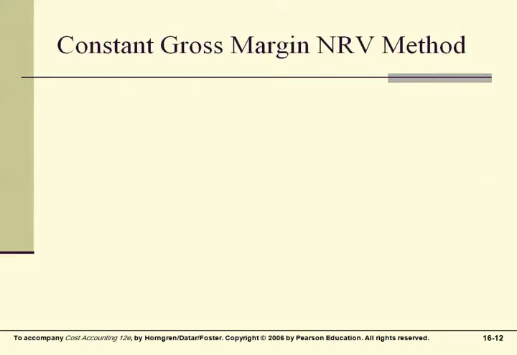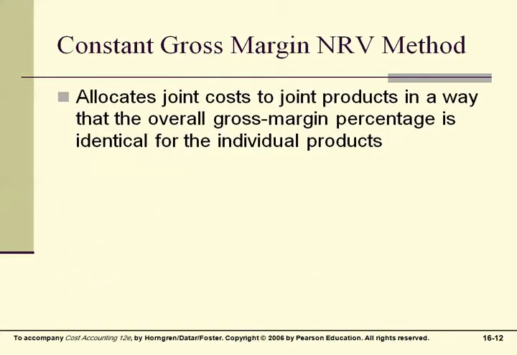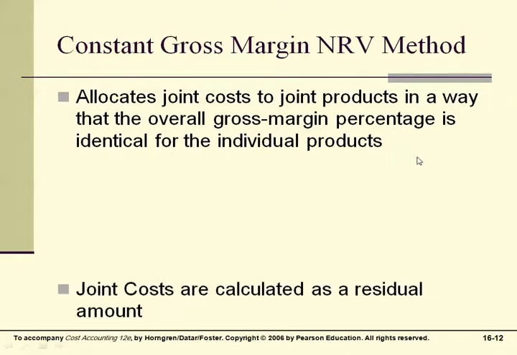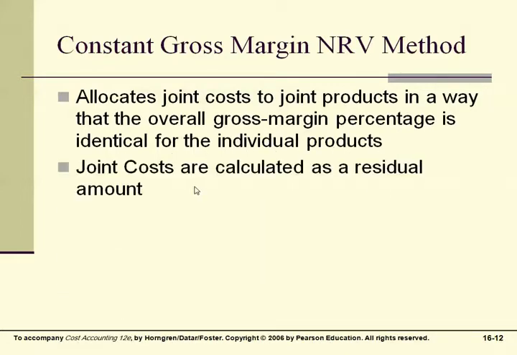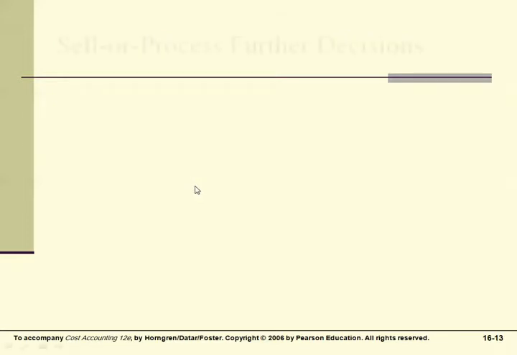Constant gross margin net realizable value method allocates joint costs to joint products in a way that the overall gross margin percentage is identical for the individual products. Joint costs are calculated as a residual amount.